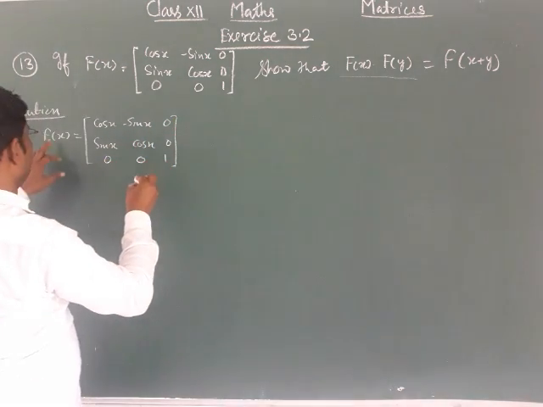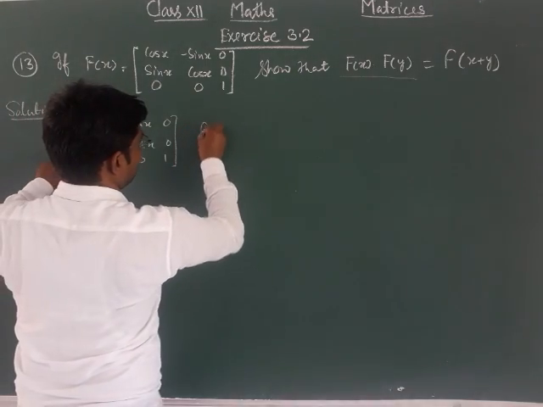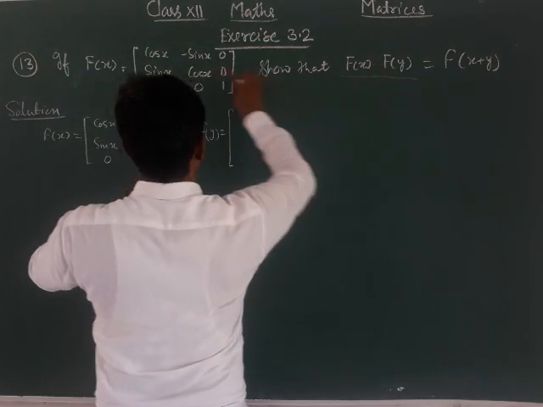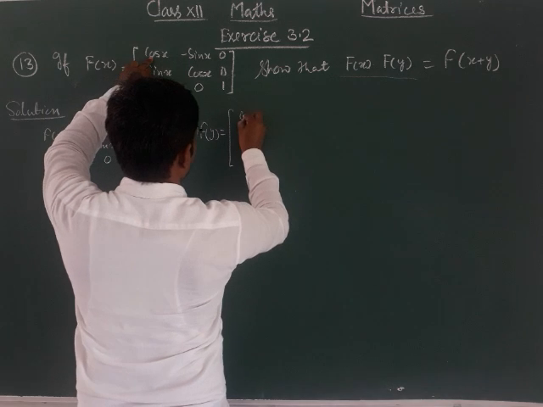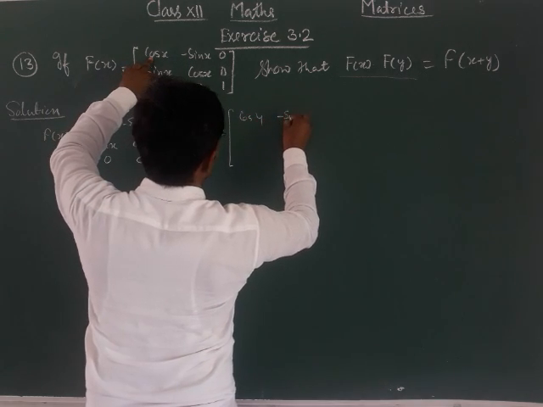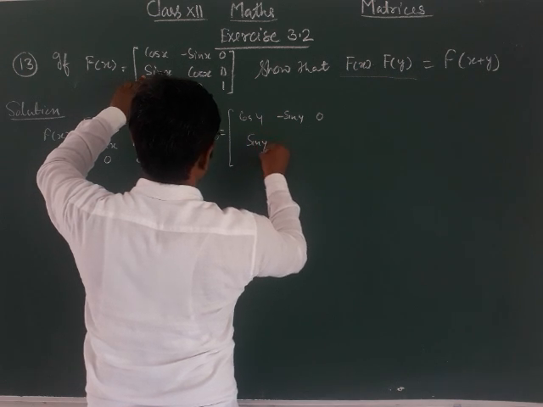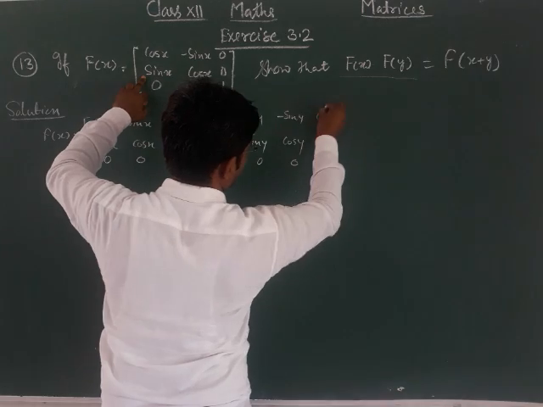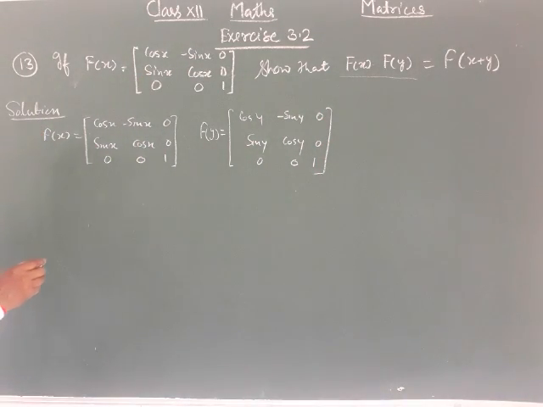This is f(x), and f(y) is equal to, in the same way, in place of x, f(y) is [cos y, -sin y, 0; sin y, cos y, 0; 0, 0, 1]. So now we can show LHS is equal to RHS.